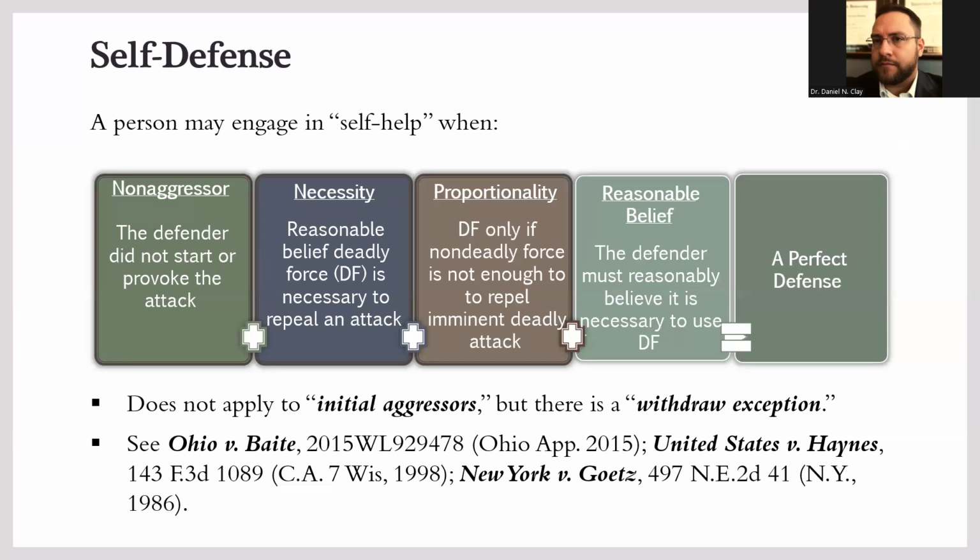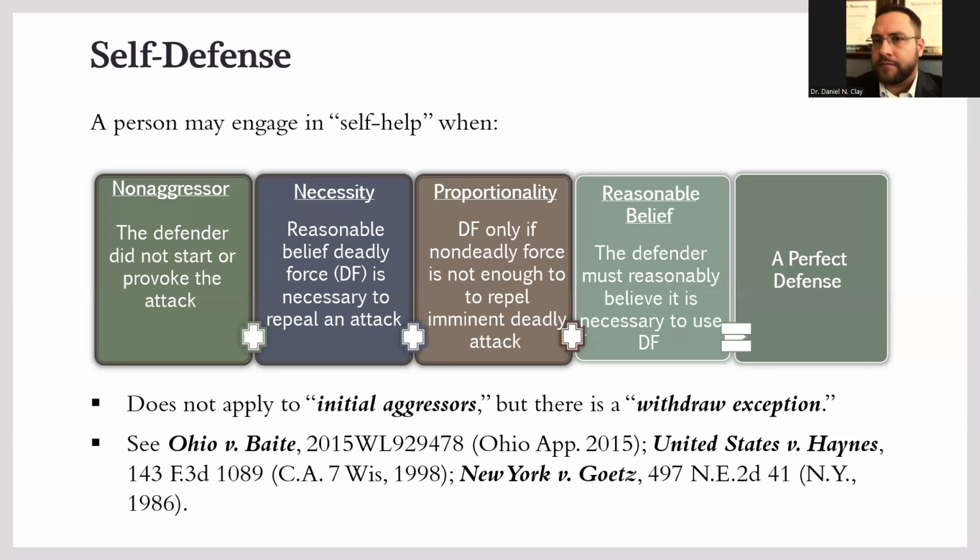Not only do you have to show that it's necessary, you also have to show that it was proportional, right? You have to show that you could not have stopped the attack or repelled the imminent deadly attack by using less force. And that's the thing: you always have to use the least amount of force that is reasonable and necessary in the situation.